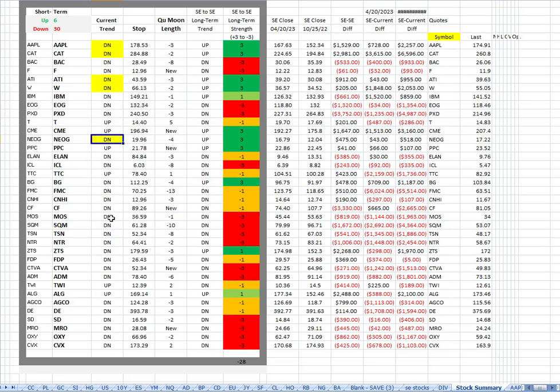That one's down, down, down, down, down, down, down, down, up. Again, that's just looking at the longer term. Of course, you can do the short term as well. So there's a few that you could definitely be aggressive on because you're buying against the long-term trend. So that's how I would do it.